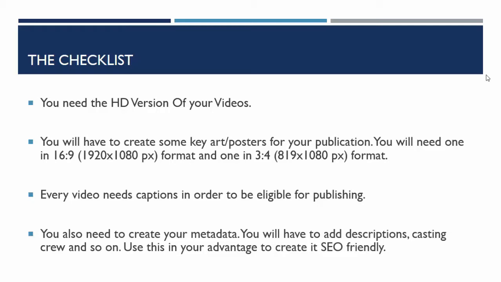So search engine optimization friendly, because if you create a description that is search engine optimization friendly, people will find your content more easily if they are looking for certain keywords on the Amazon platform, okay? So this is something that can help you as a bonus. Now, these are the 4 points on my checklist that I think you need to know, and now we will go to our next lecture and to our next video.